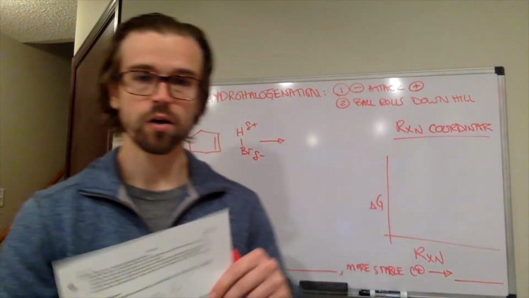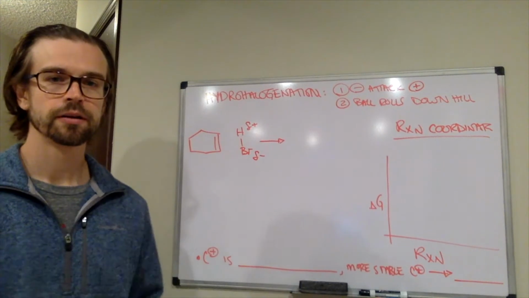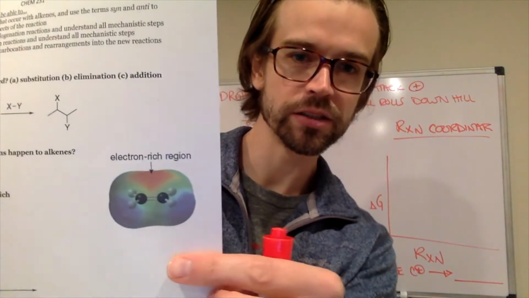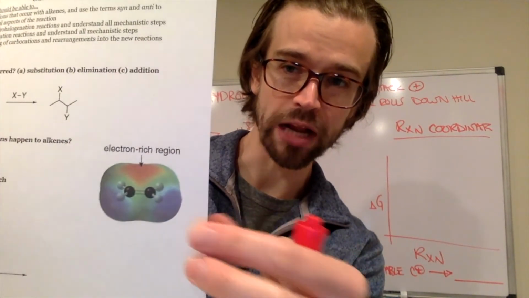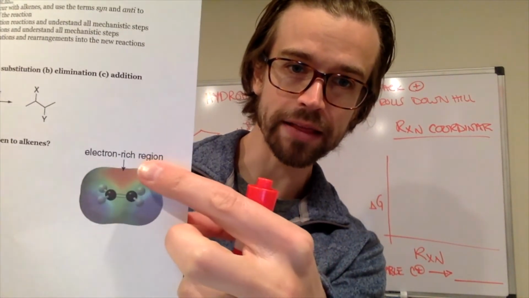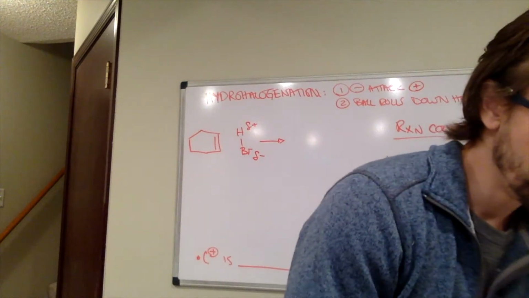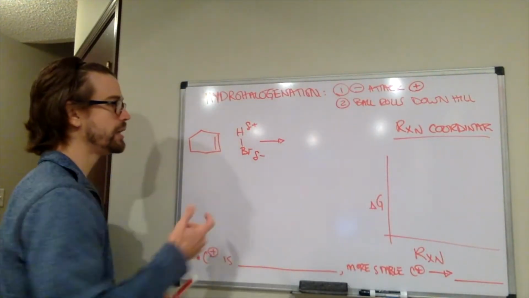While we might not be able to draw a partial negative based on electronegativities, we did see the electrostatic potential map, computationally created, that shows that red region in between the atoms is electron rich. So we do have an electron rich area right here.